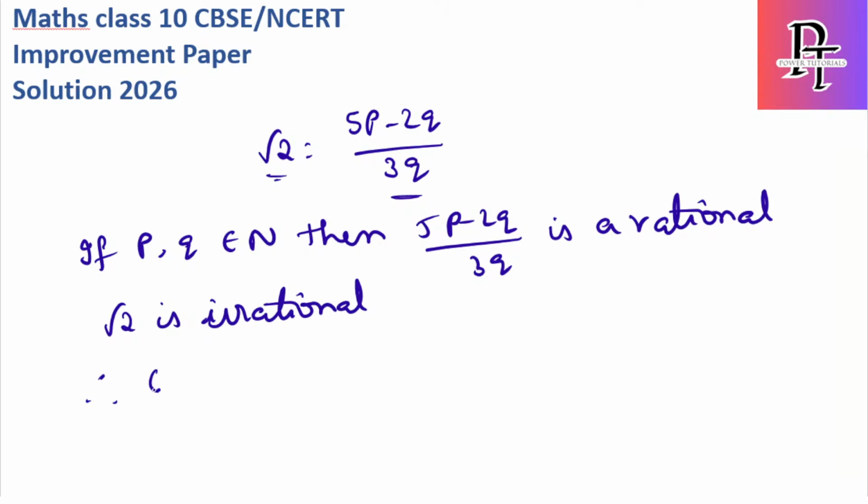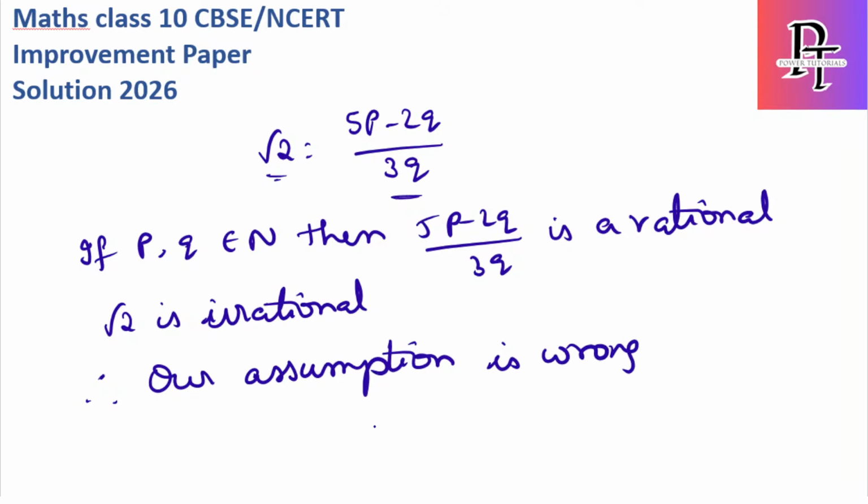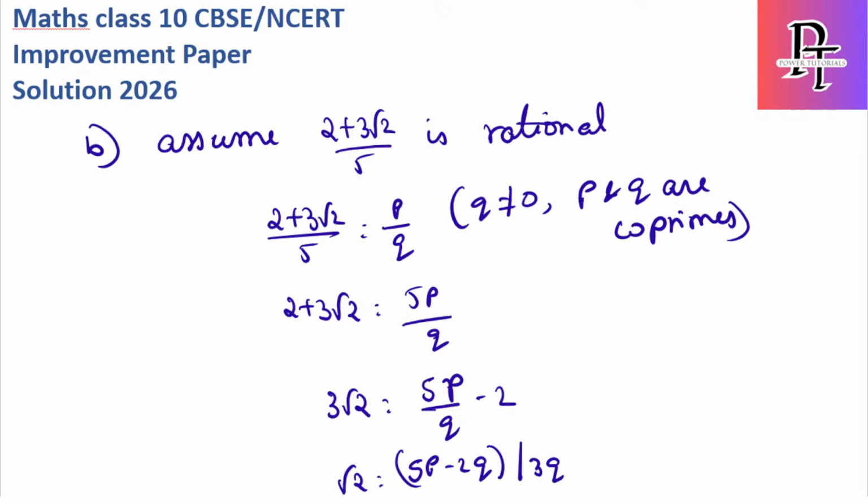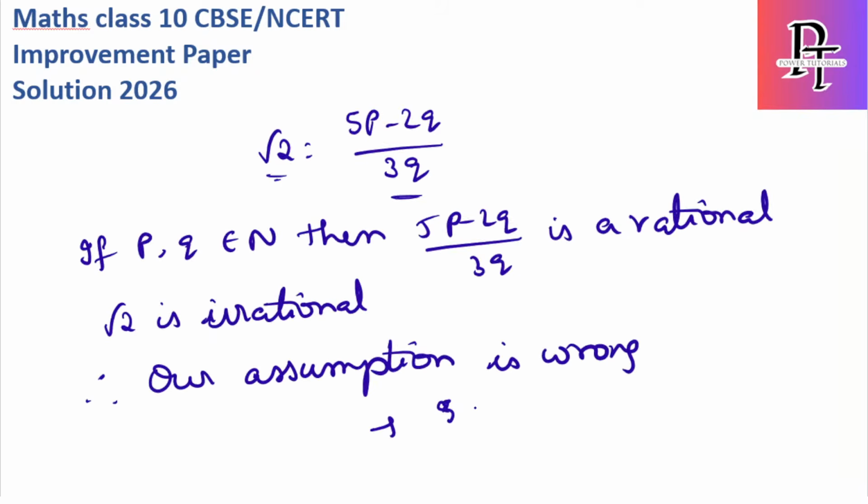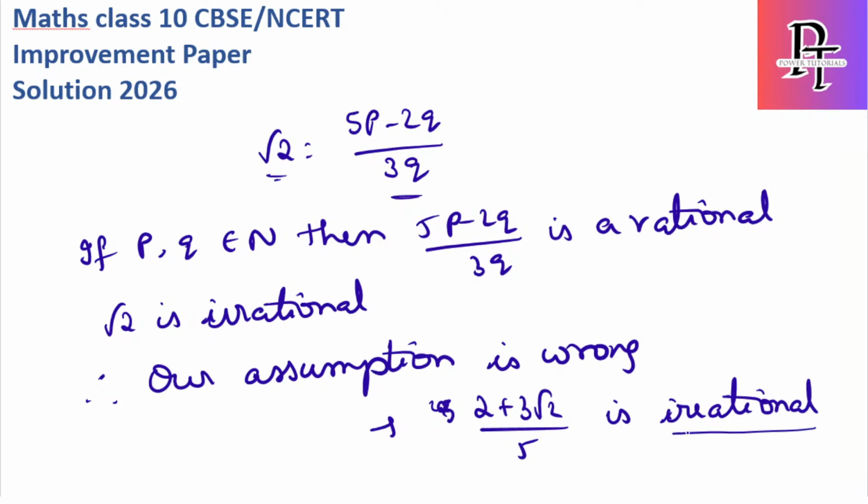Therefore our assumption is wrong, which states that (2 plus 3 root 2) by 5 is irrational. Okay, let's move to the next one.